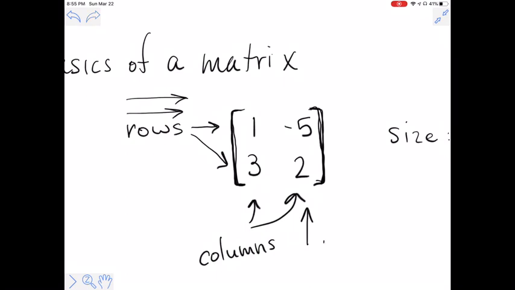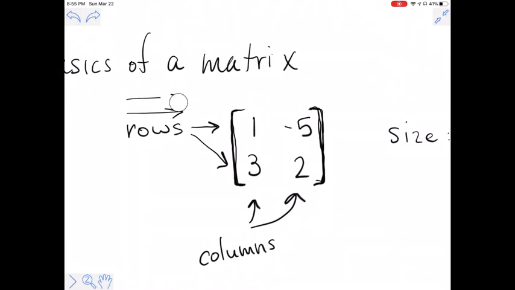Now the columns are the vertical part. So this matrix has two columns, column 1 being this column here, 1 and 3, and then column 2 being that column there, -5 and 2.